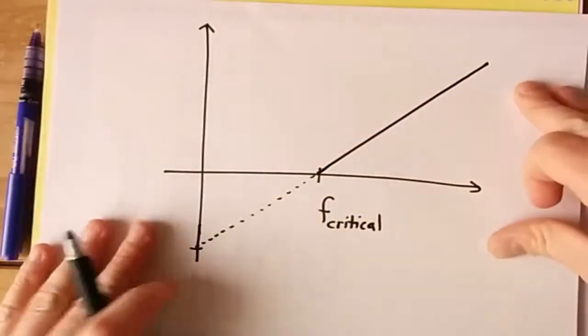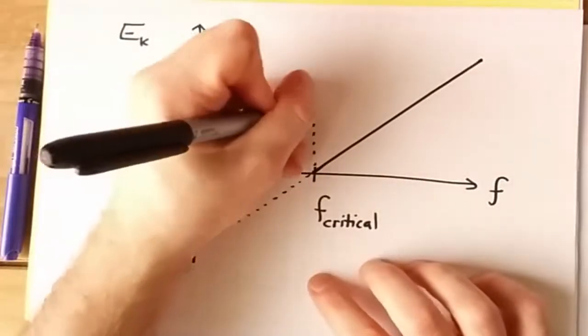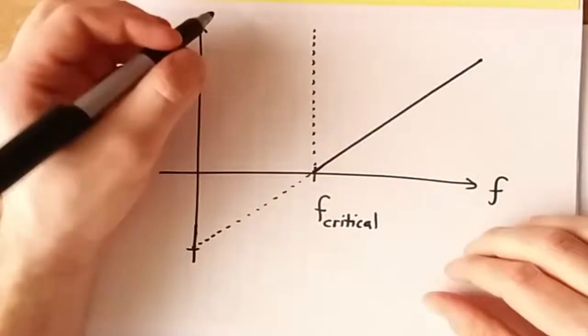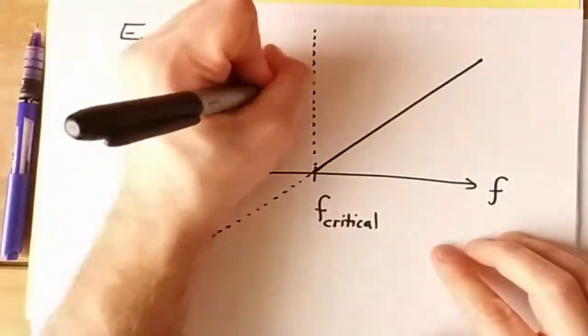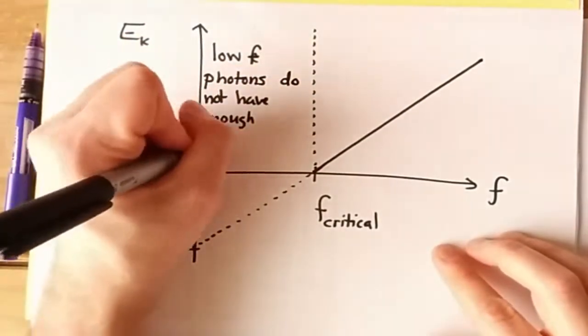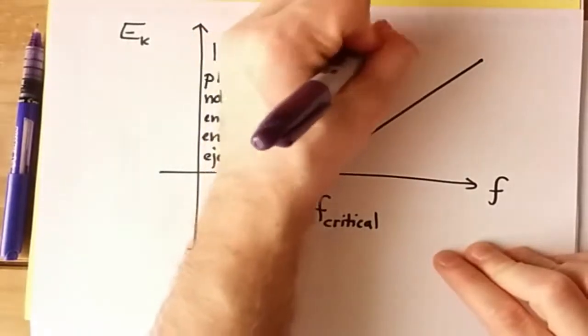As we approach the critical frequency, those photons just have barely enough energy to knock the electrons out of the metal. And below the critical frequency, the photons do not have enough energy to knock the electrons out of the metal. In this model, we can set up an equation.